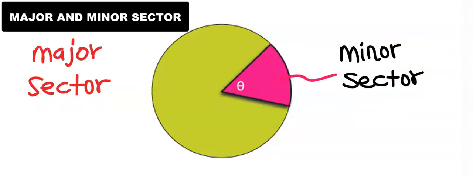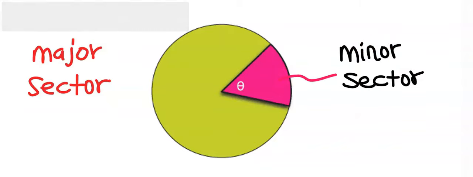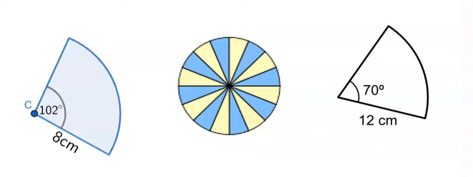This part is known as a minor sector, while this area is known as the major sector. The name sector is because it's no longer a quadrant. The angle at the center of a sector is usually below 90 degrees or above 90 degrees, but not exactly 90 degrees.